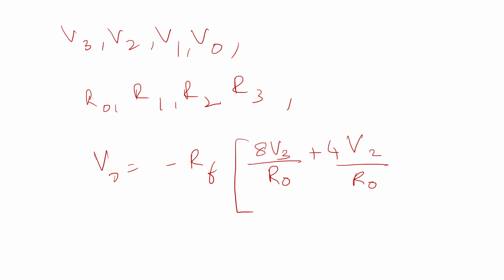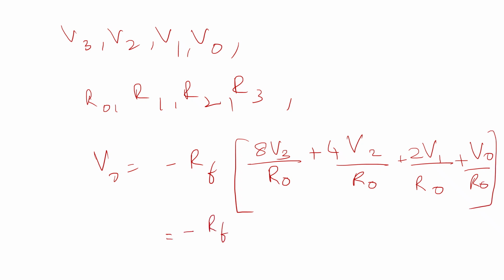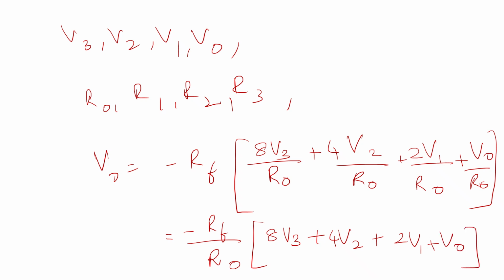We have already given the values of R0, R1, R2 and R3 in the previous slide, so using it in this equation, V0 is equal to minus RF divided by R0, taking out a common factor, 8 times V3 plus 4 V2 plus 2 V1 plus V0.